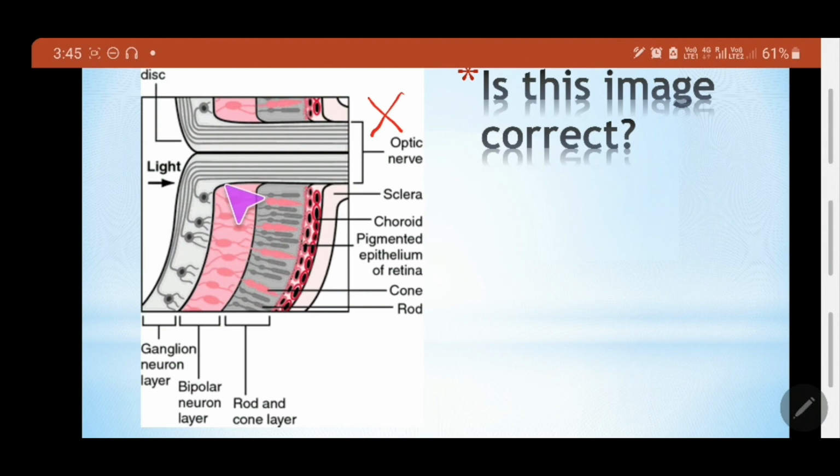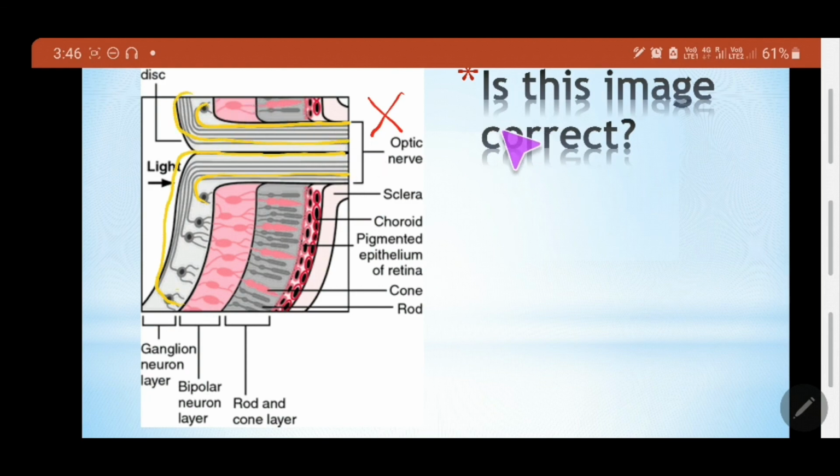Here, the central fibers are passing laterally or peripherally, and the peripheral fibers are passing through the center. This is the wrong thing.